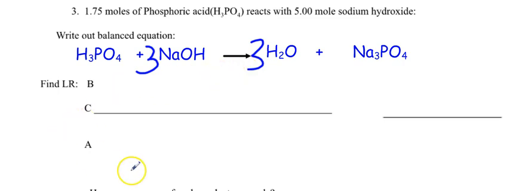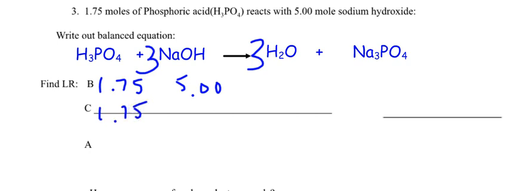So what is the first thing I have to do? Well, I think the first thing I have to do is, oh, I got some moles. I don't have to convert anything. Oh, hallelujah. So 1.75 and 5.00. If I had chosen the first one, 1.75, what's 1.75 divided by 1 times 3?